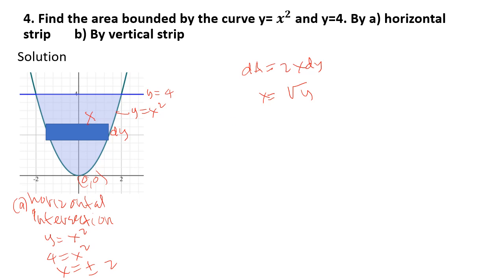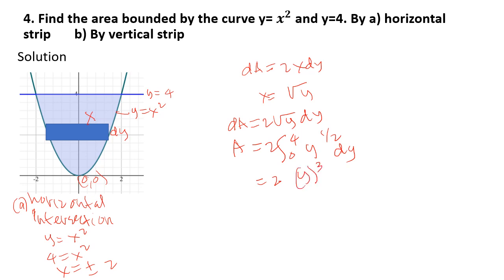So dE equals 2 square root of y dy, or A equals 2 times the integral from 0 to 4 of y to the power 1/2 dy, so equals 2 times y to the power 3/2 over 3/2, limit from 0 to 4.